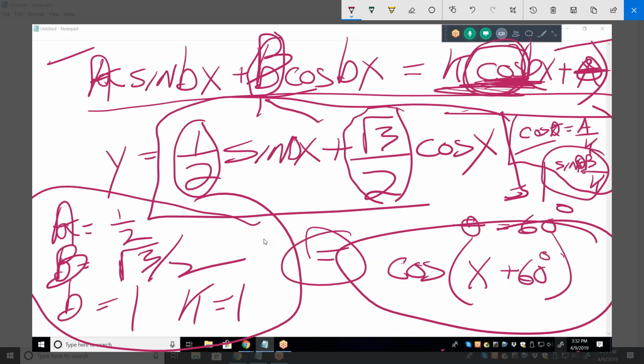If it were cosine, maybe I just said this wrong. If it were cosine, it would be bx minus theta. I think that's what it is. Oh, that's because sine is equal to cosine of 90 degrees minus theta. Perhaps is where the confusion is coming in. In other words, let me make some room over here.